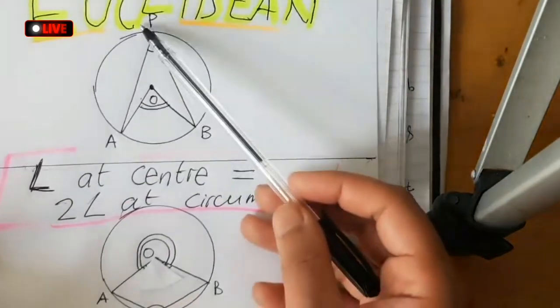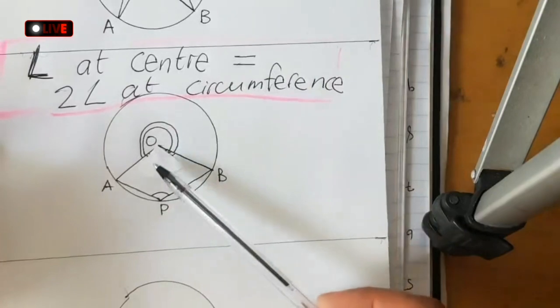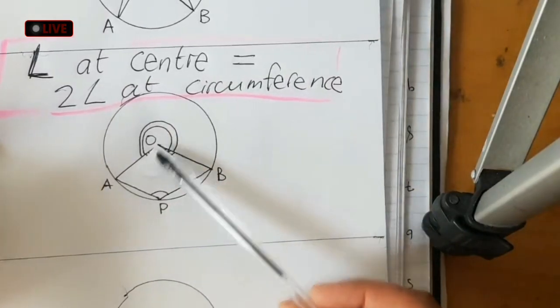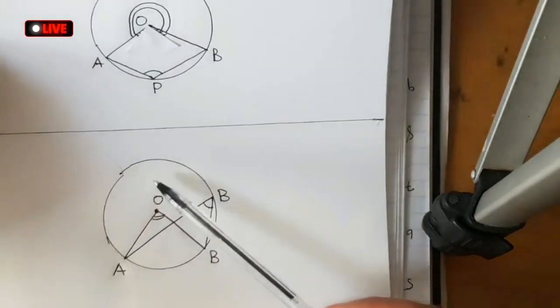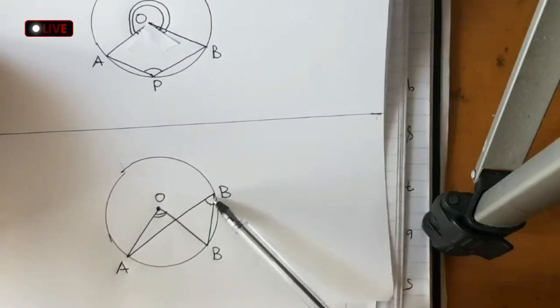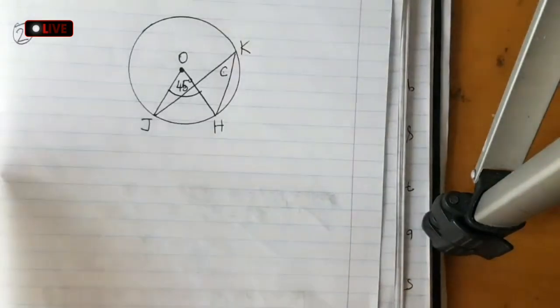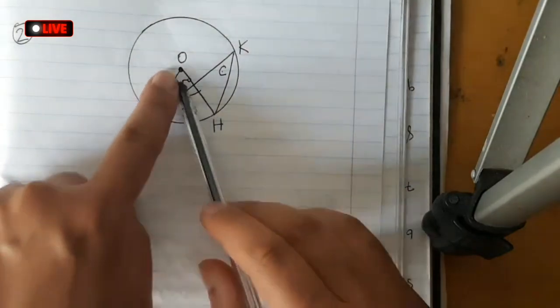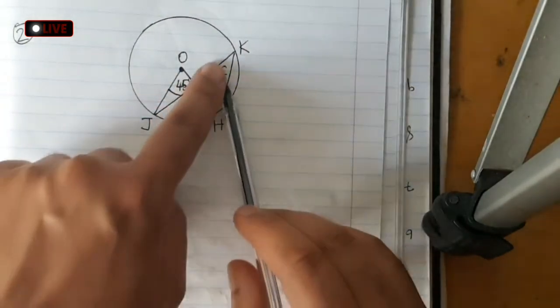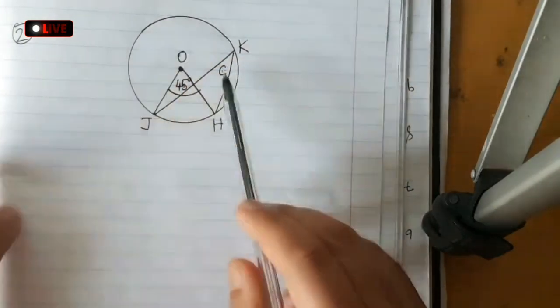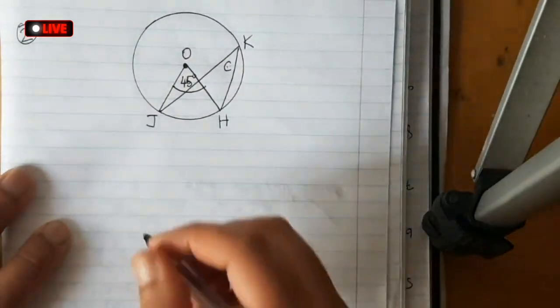Angle at the center is twice the one at the circumference. So we are asked what that is.